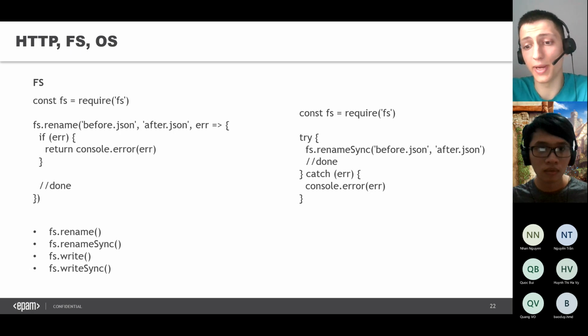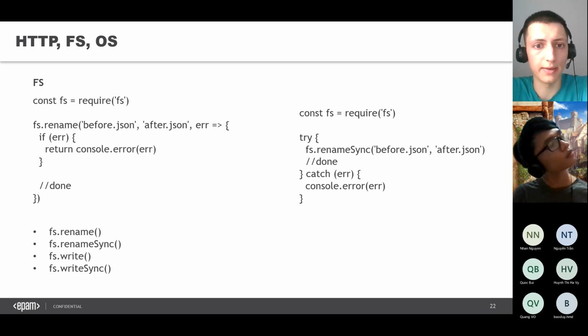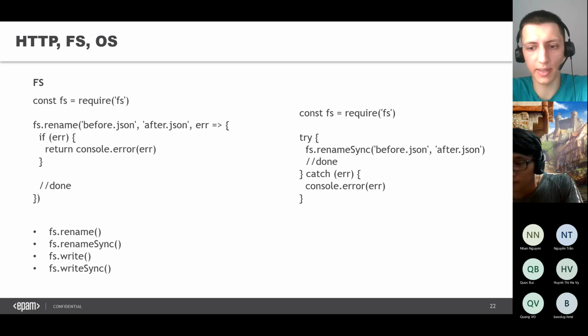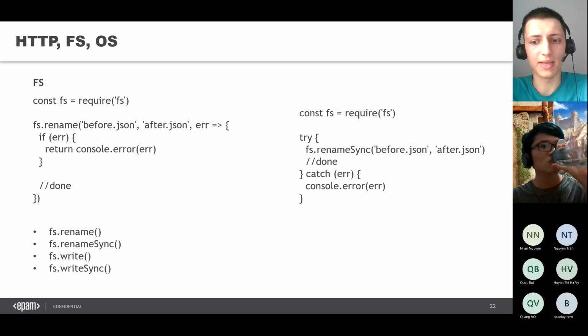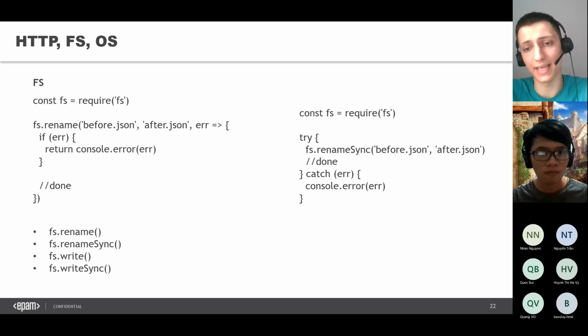JavaScript will always execute something, and that's why renameSync is kind of an anti-pattern in most cases, as already said, but for some local things or maybe for some CLI stuff, it can be used.